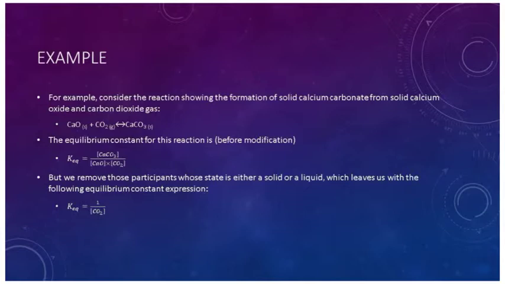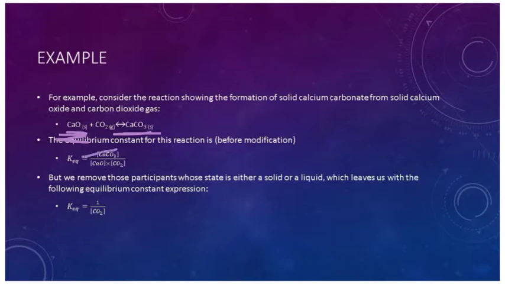So the equilibrium constant for this reaction before its modification, we have the products over the reactants. But we remove those participants which are either a solid or a liquid, which is the calcium oxide and the calcium carbonate.